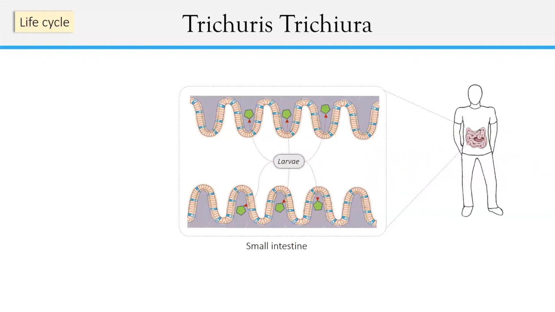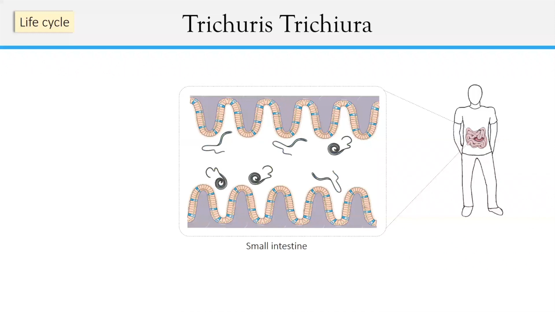After some period of development inside of the intestinal villi, that takes approximately 3 to 10 days, larvae will come back inside of the intestine, and there it will give rise to adult worm in 30 to 35 days. Adult worms of Trichuris trichiura may survive inside of the human body approximately 3 to 5 years, unfortunately.